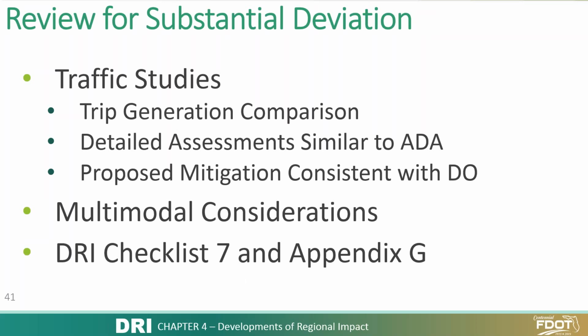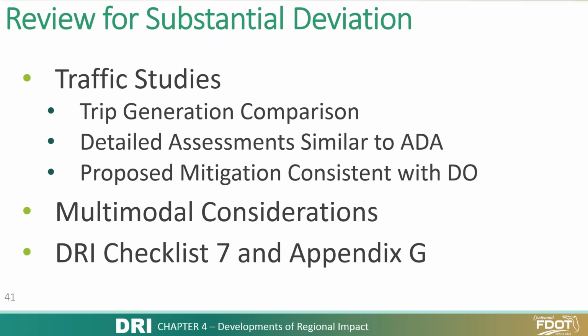Now, often when an NOPC is submitted, you'll find a traffic study that's also submitted. That traffic study is usually submitted to rebut the presumption of a substantial deviation. The review process for traffic studies associated with rebutting the presumption of substantial deviation varies depending on the magnitude and scope of deviation requested.